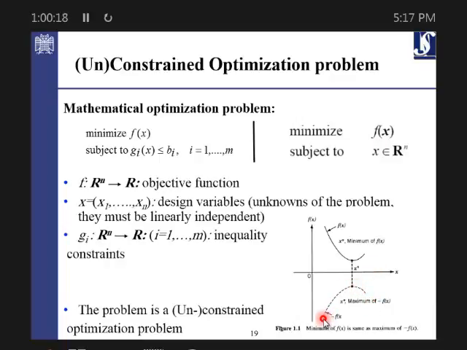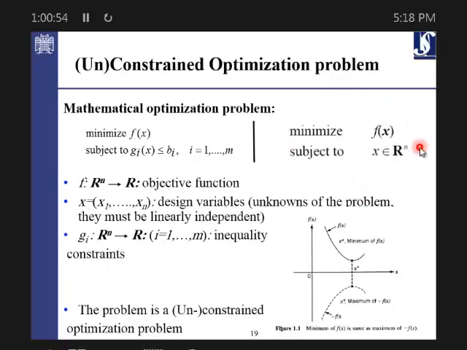So minimizing f(x) over the x values is the same as maximizing -f(x) over the same x values. So minimization or maximization is not that important, even though in some toolboxes one of them is simpler, but for us it doesn't make any difference.